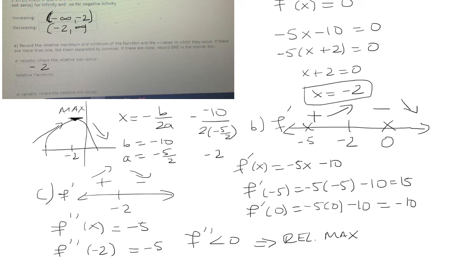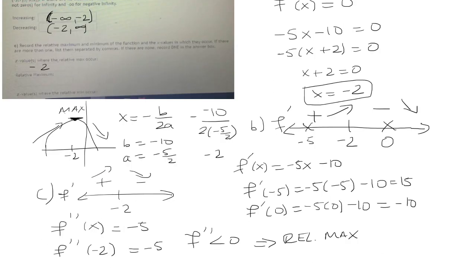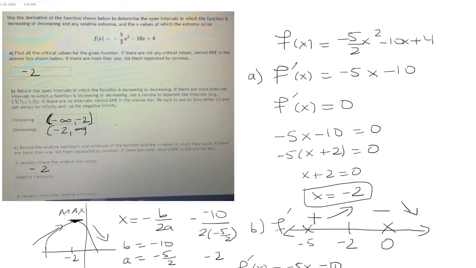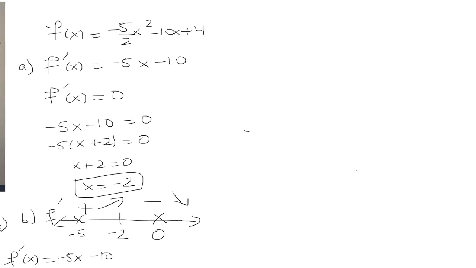And in order to get what the actual maximum is, you need to plug it back into the original equation. So the original equation we were given was -5/2 x squared minus 10x plus 4. And so here, let's plug it in. So I plug in -2.